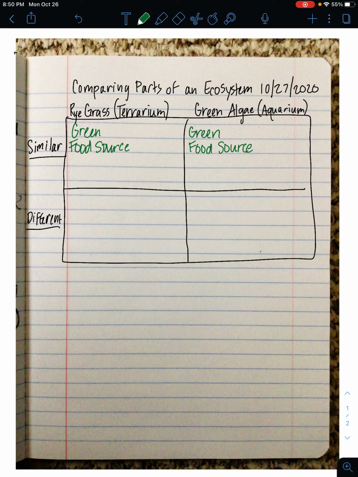Another similarity between ryegrass and green algae is that they are both producers. That means that they can make their own food. And because they are producers, I remember from the article that that means they do photosynthesis.